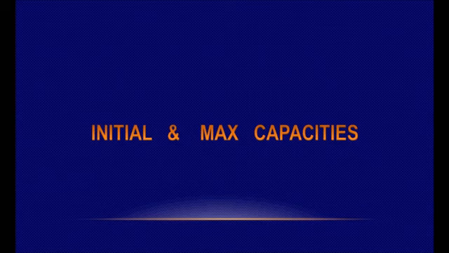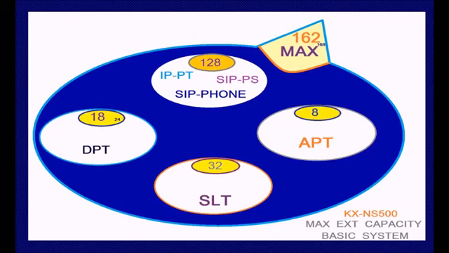Now we will come to initial and maximum capacities, and we made two diagrams to explain. For the main unit or basic unit, the maximum collection of all types of extension will not exceed 162, and 168 with digital etc. device port, of course.